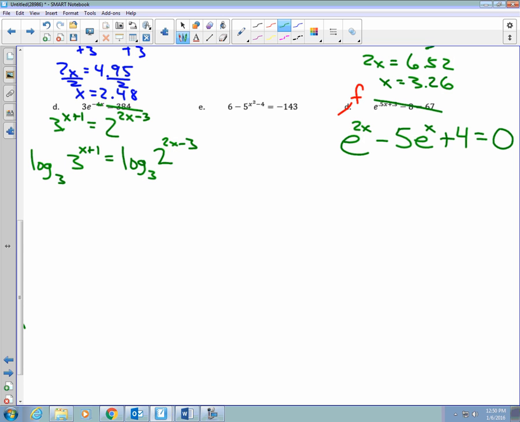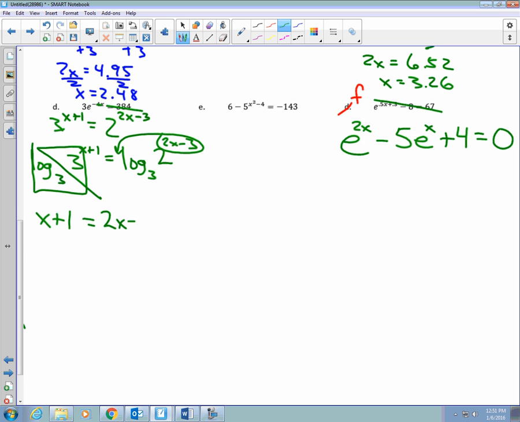What happens to the left side? Everybody see the trick? Yeah, very good. So this part right here is going to come out in front because it doesn't cancel.